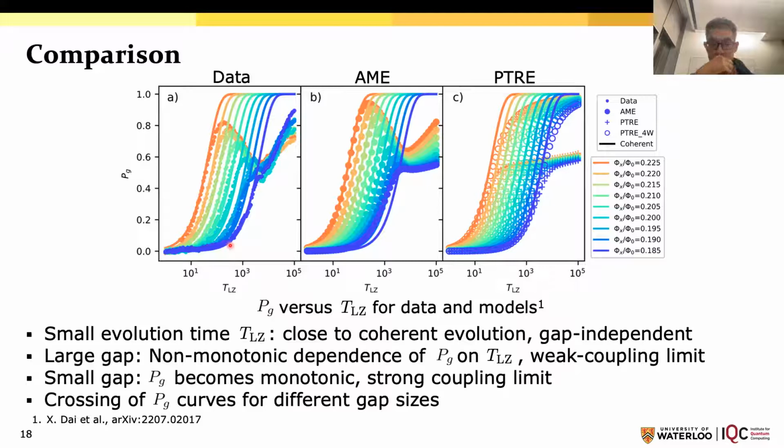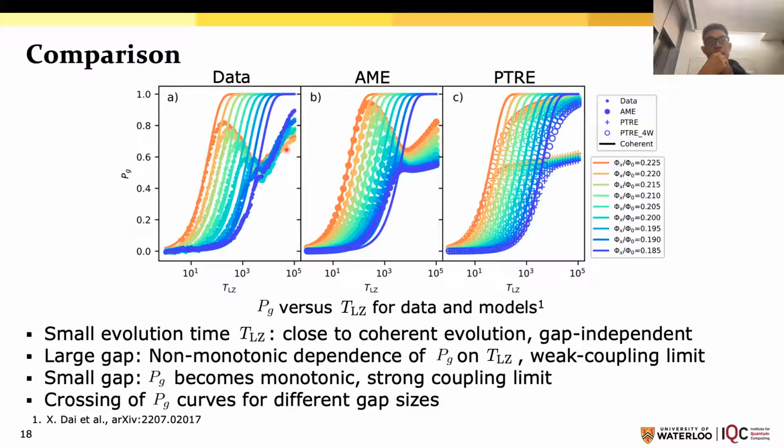So I think it's not necessarily that the AME only fails in the long evolution time limit. I think there's still environment reorganization that becomes significant as the minimum gap is reduced.